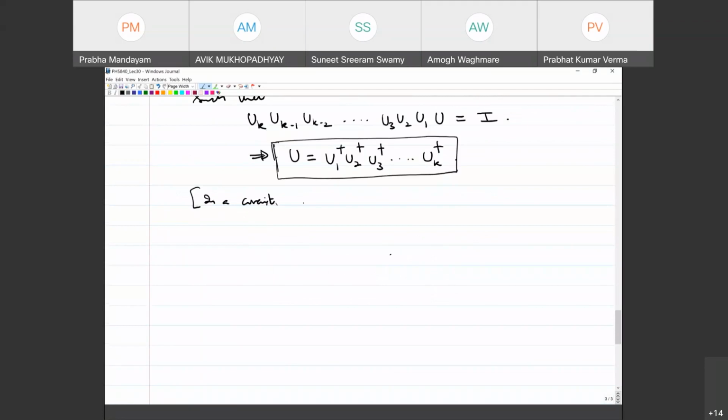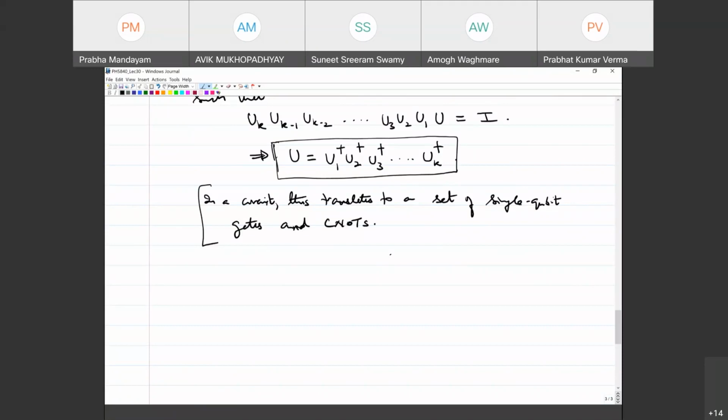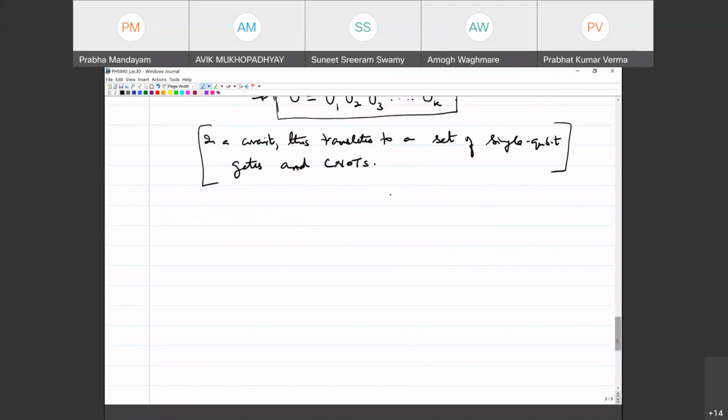Of course, these are arbitrary single qubit gates, like I said, but that is what we need for the exact universality statement. And how are we going to show this?